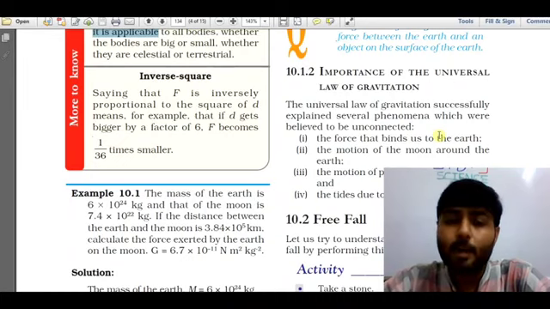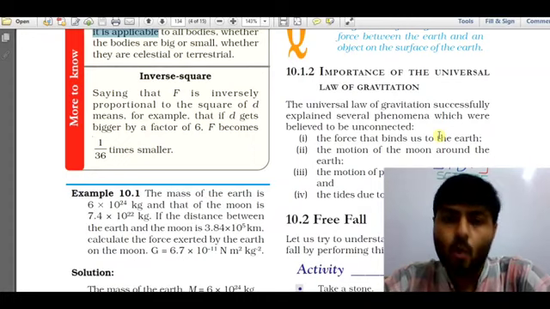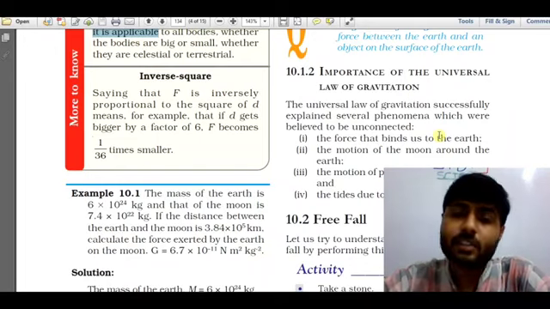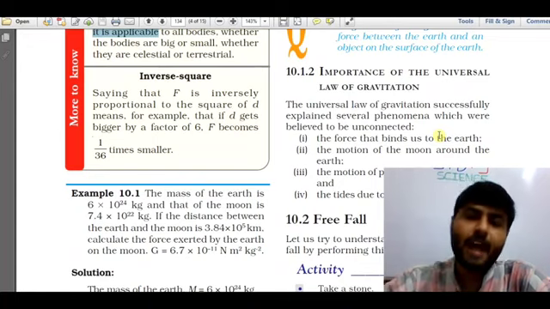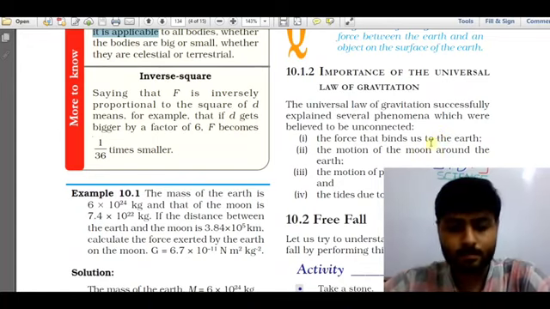The sun is comparatively less responsible for high tide and low tide. The main reason for this high tide and low tide is the gravitational force of the moon. Let's try to understand this by figure.